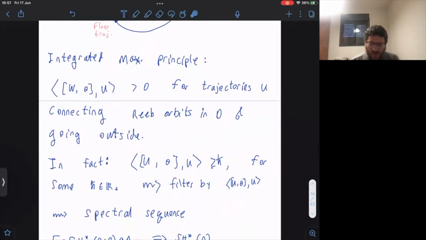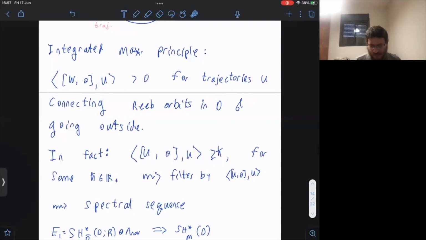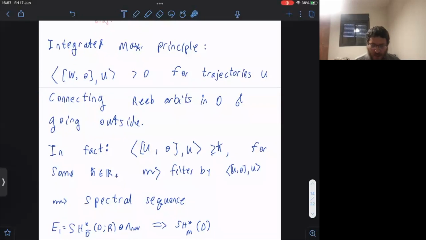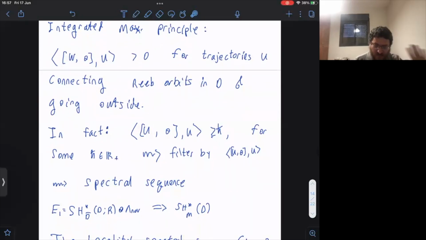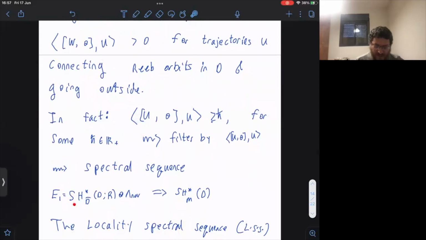Okay, so this defines a filtration. This is the natural setup where you think of one thing as a deformation of the other. And such a thing gives rise formally to a spectral sequence. The spectral sequence will have its first page be the symplectic cohomology with coefficients in whatever the ground ring is.